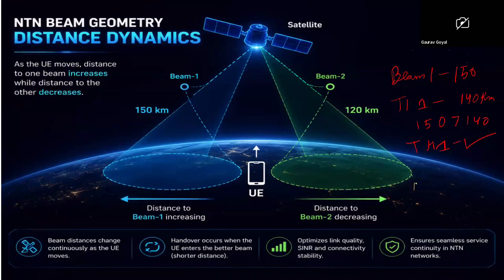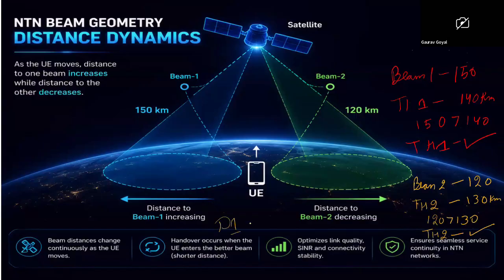Suppose beam 2 is at 120 kilometers and our threshold 2 is 130 kilometers. Since 120 is less than 130 kilometers, threshold 2 is also reached. So the threshold 1 and threshold 2 conditions are satisfied, then D1 will be triggered, right?